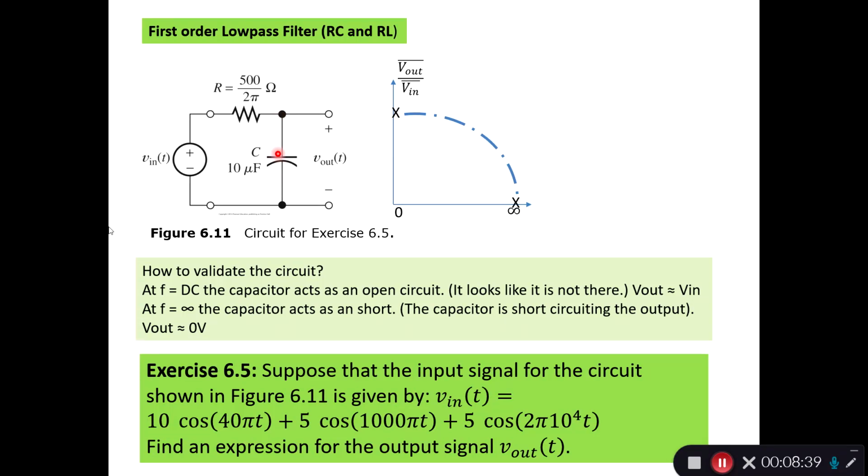So at infinite frequency, the capacitor is shorted out, meaning this pin is actually shorted to ground. If it's short, then we have 0 volt out. In that case, we're down here at infinite frequency and an output voltage of 0 divided by 1, that gives 0. And then I can approximate that the graph will most likely look like this.